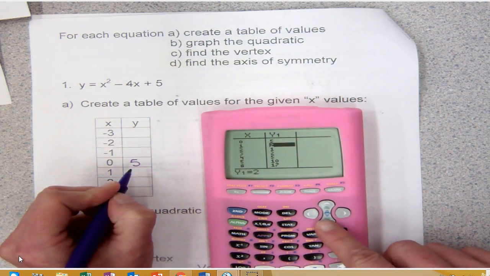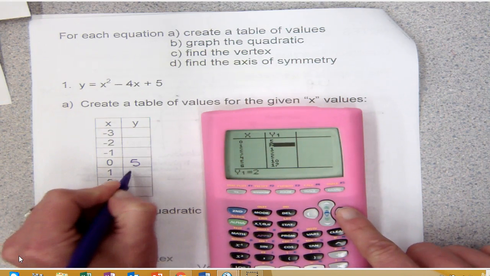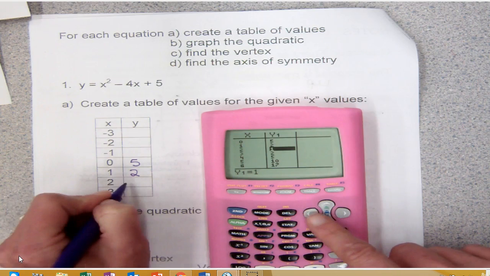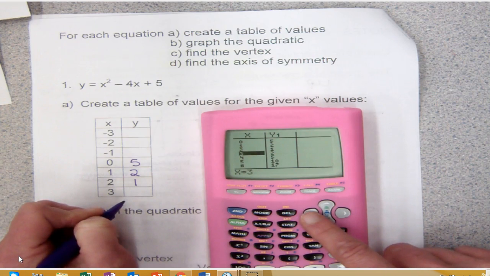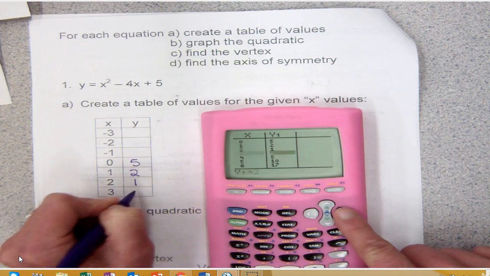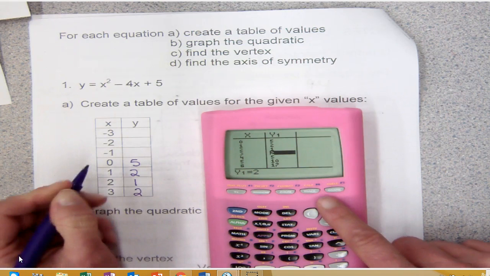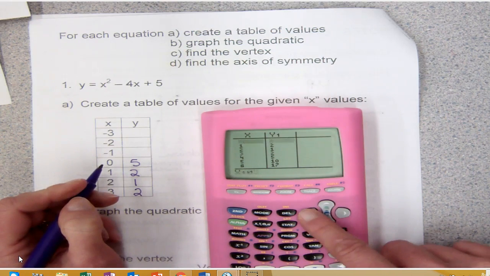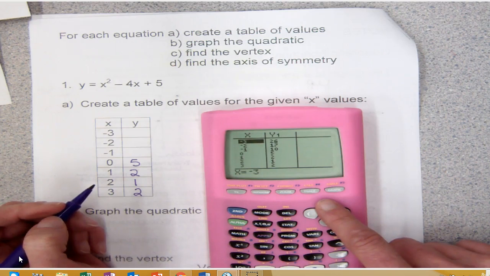When x is 1, y is 2. When x is 2, y is 1. When x is 3, y is 2. And even though this starts at 0, I can scroll up and it'll give me my negative values as well.